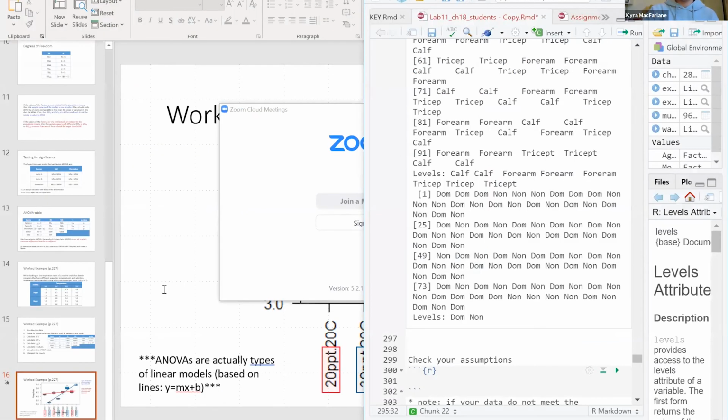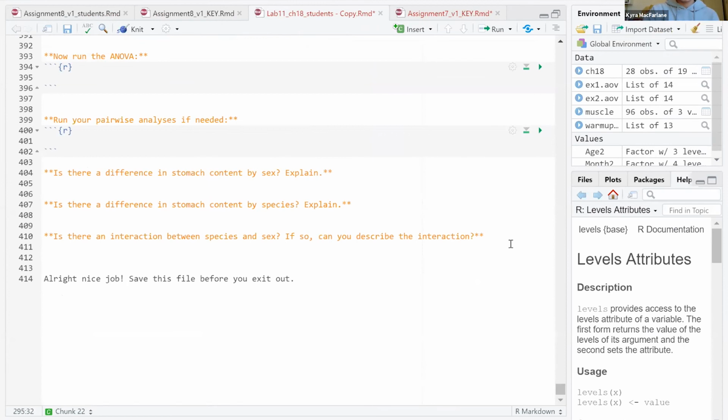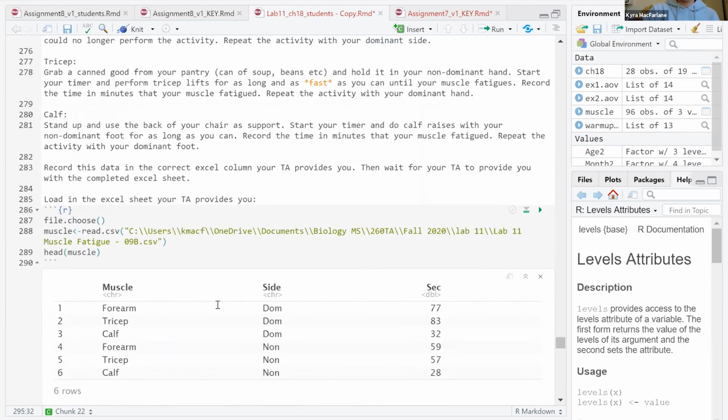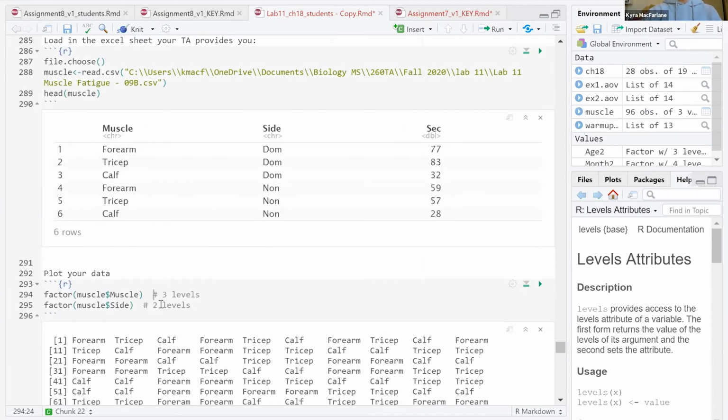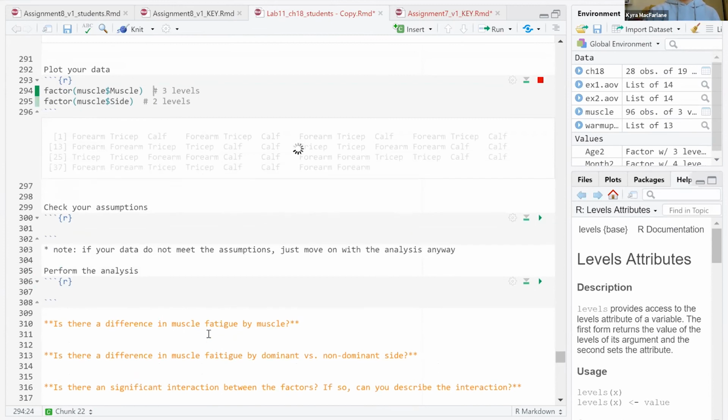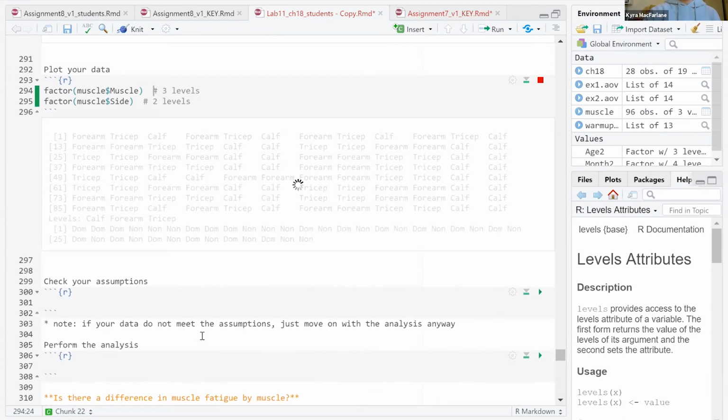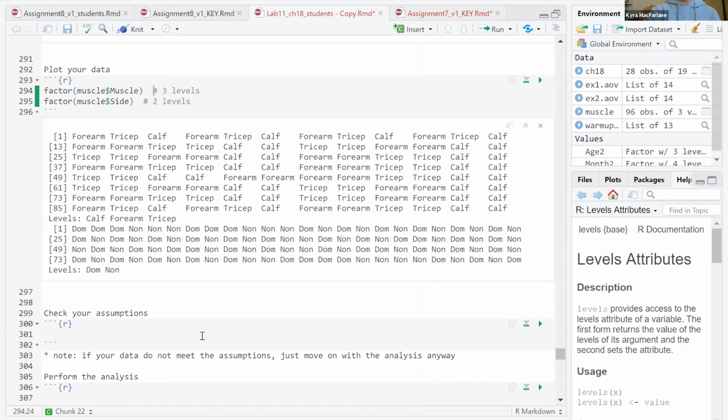Now we can try this again. So now it looks like we do have just 3 levels: calf, forearm, and tricep, and levels dom and non.